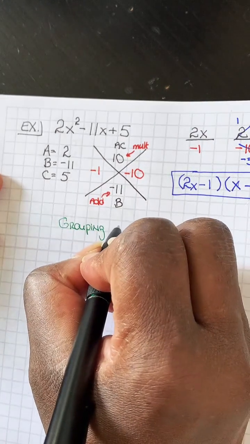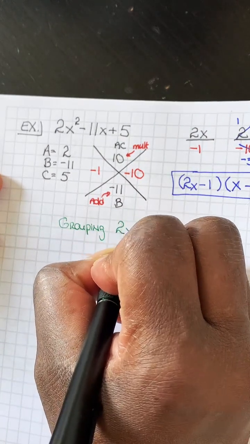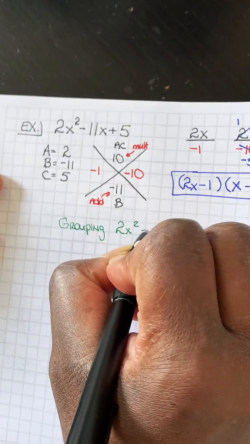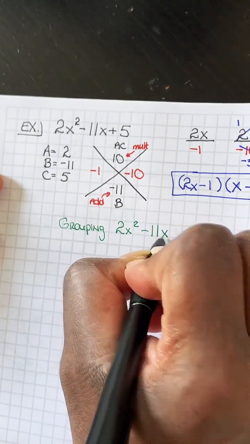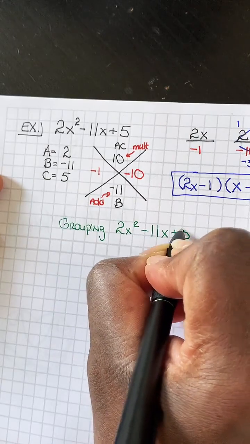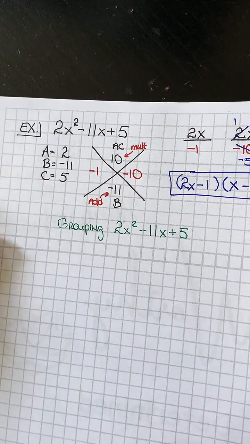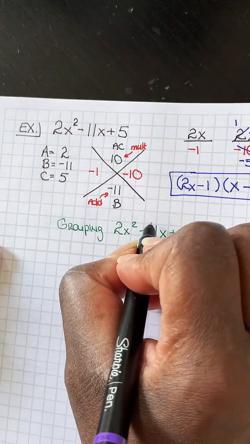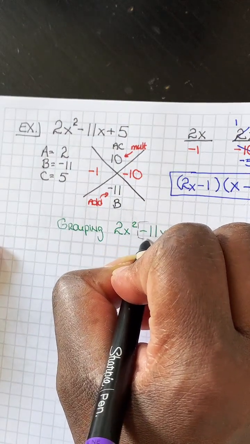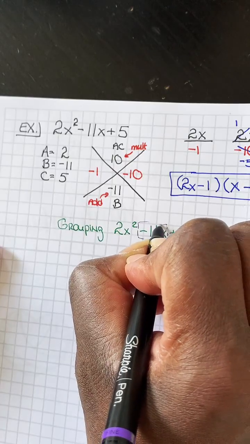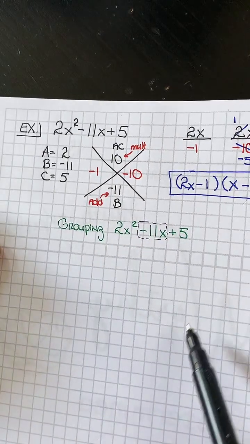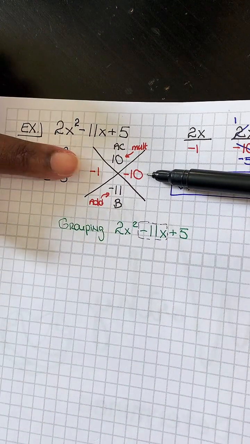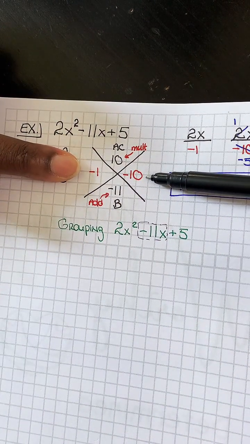So if the original was 2x squared minus 11x plus 5, this is what happens. This middle term right here, we're trying to find something to replace it. And we already did, which is what's here in red with the negative 1 and the negative 10.